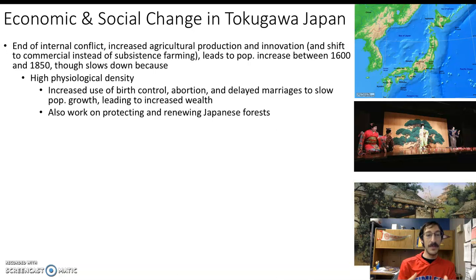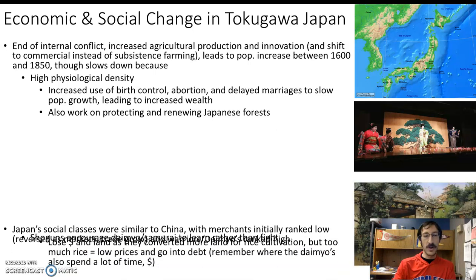That also leads to an increase in wealth, because you're not spending money on so many kids who need to be fed, clothed, and educated. If you focus on one or two kids instead of three, four, five, six, that saves more money for your family. They also work on protecting and renewing the Japanese forest, which is part of what was done with the silver trade notes we looked at previously, before winter break.